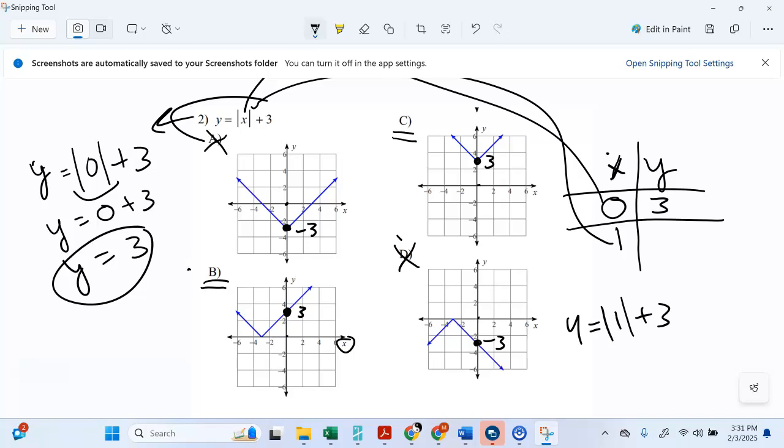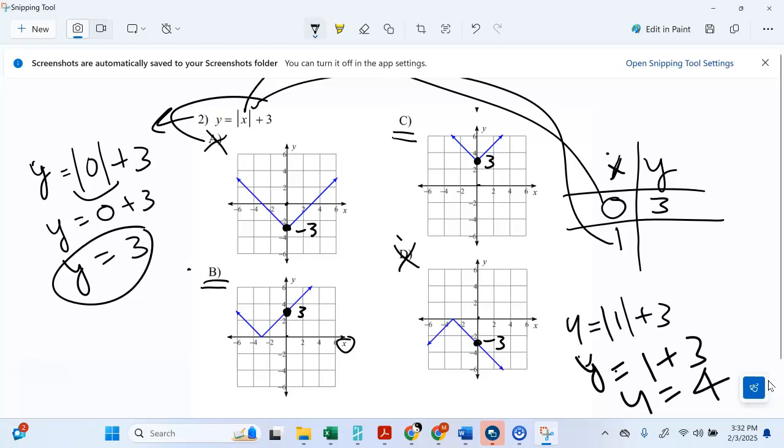And then Y equals, and this 1 is just going to be 1 plus 3. Y equals 4, okay? So that means that it is going to be 4 when X is 1, okay?